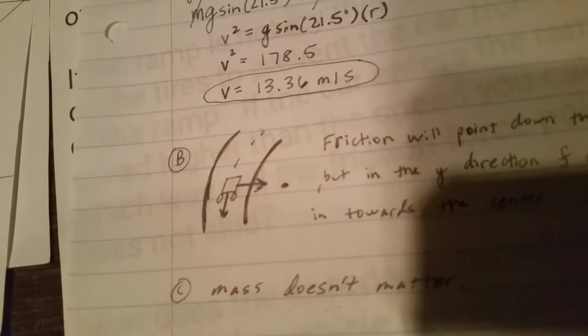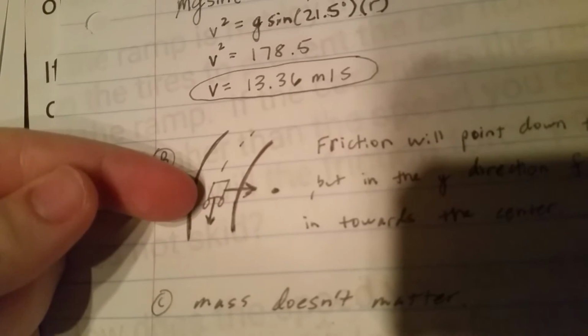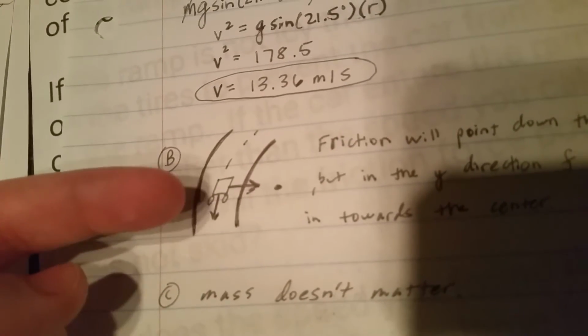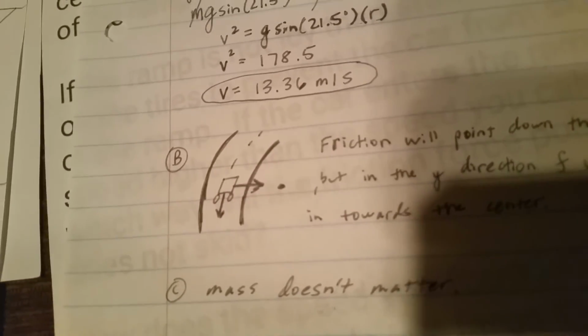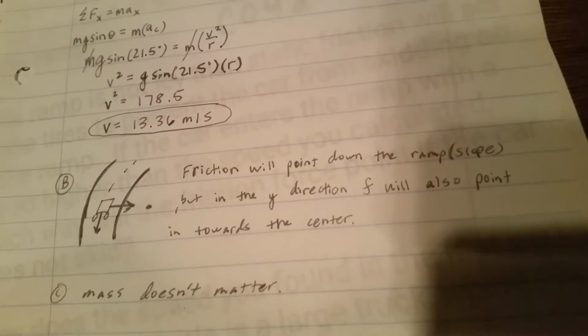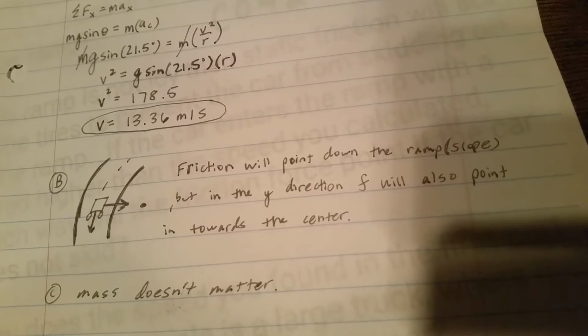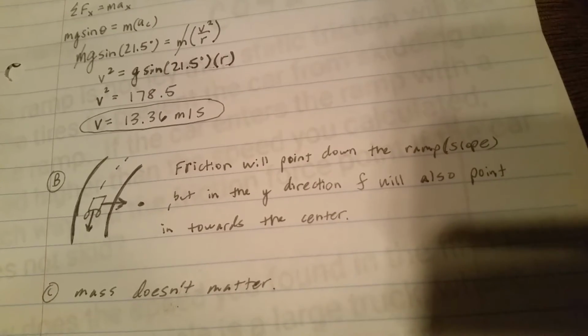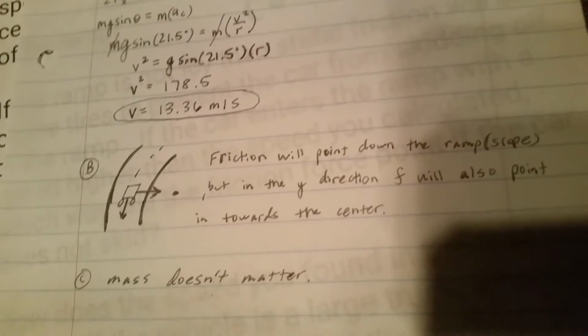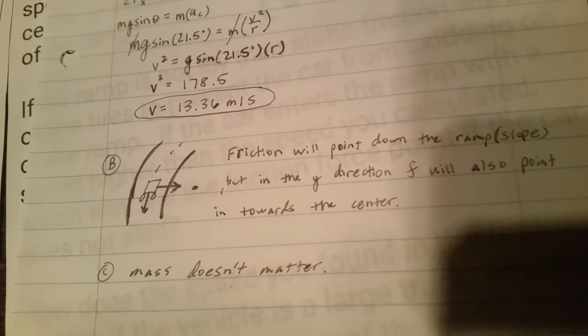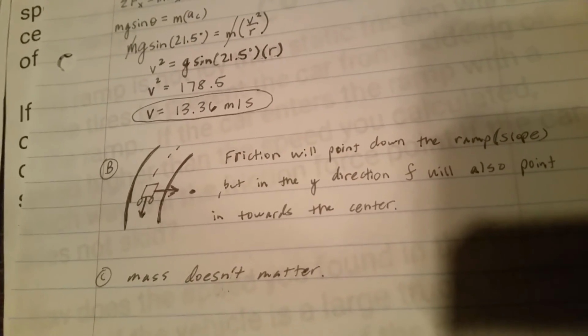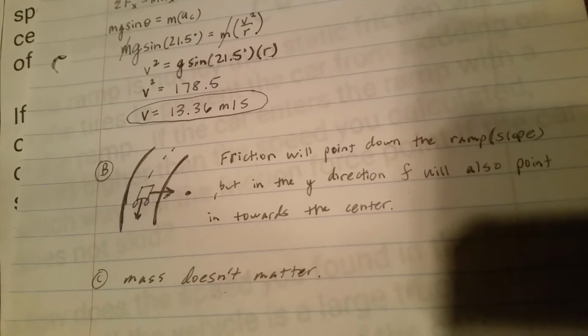If you draw it on the curved part, there has to be friction going towards the center in order for it to stay on the track. So friction will point down the ramp, but in the y direction, friction will also point in towards the center. The toward-the-center part is the most important, so that the car stays on the ramp without skidding.